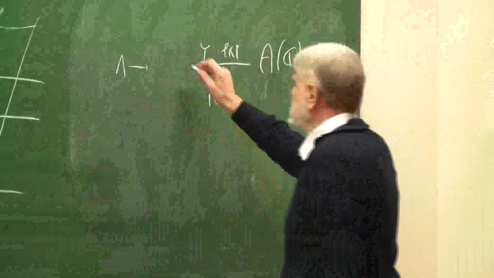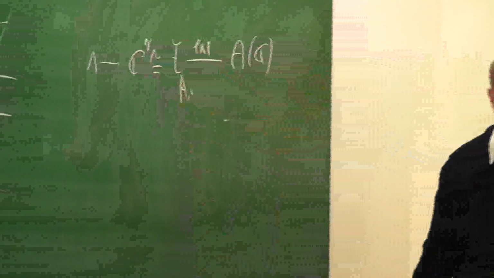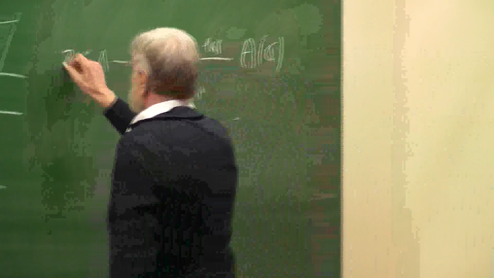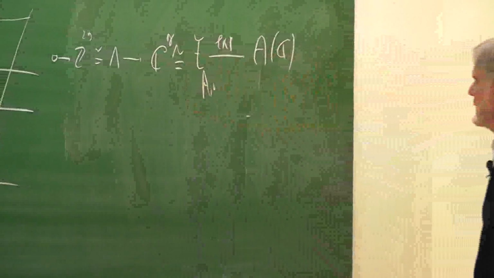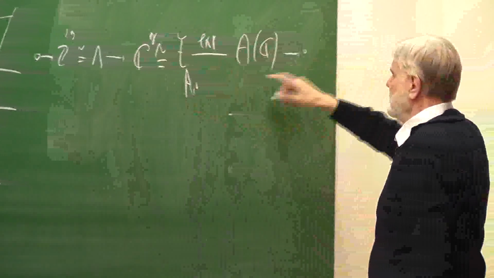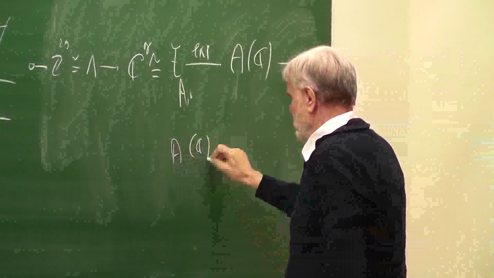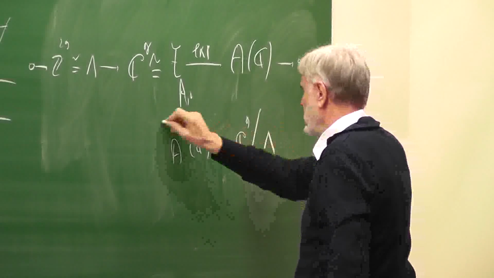And you easily prove that this, of course, is C to the power g. G is always my dimension of my abelian variety. That this is a lattice, and this is isomorphic to Z to the power 2g, right? And that this defines your A of C. So the A of C is nothing but C to the g mod Lambda.